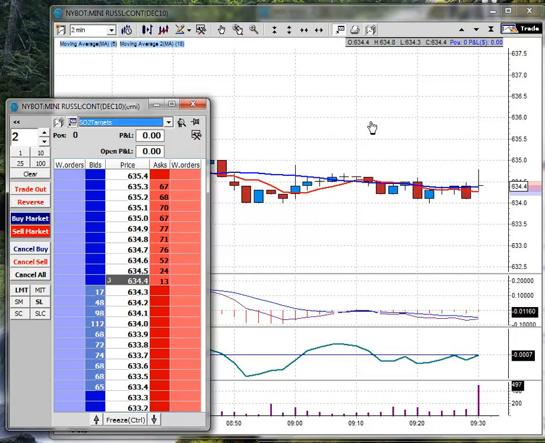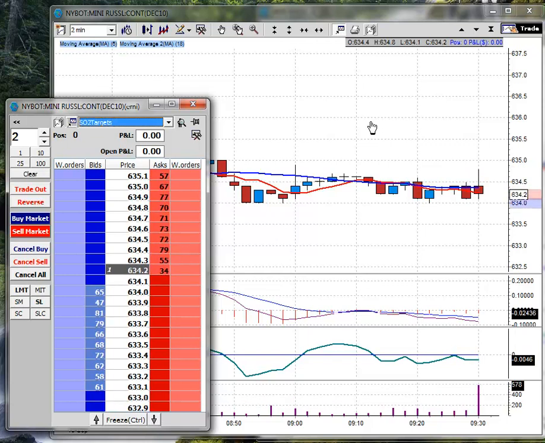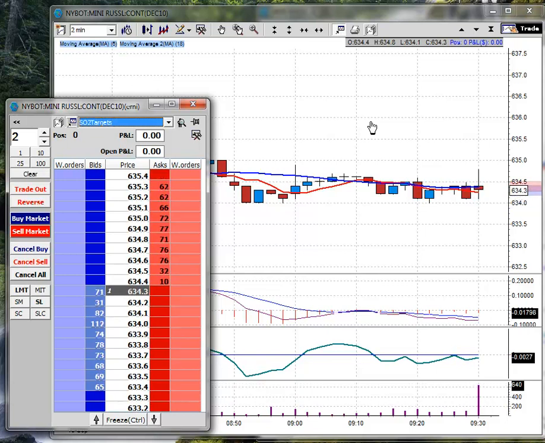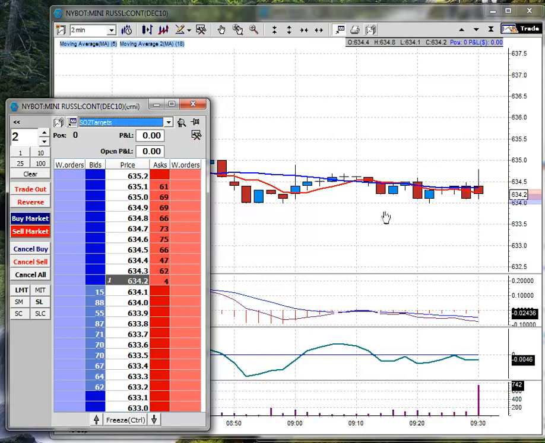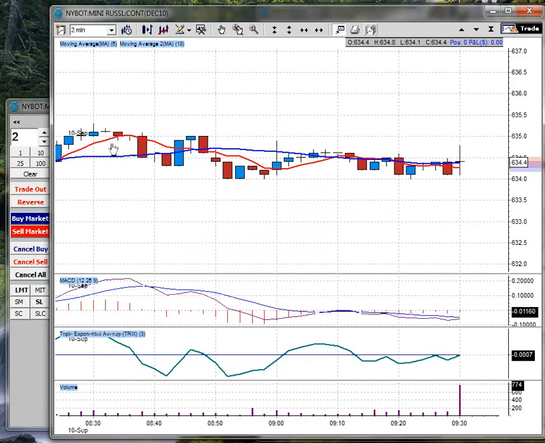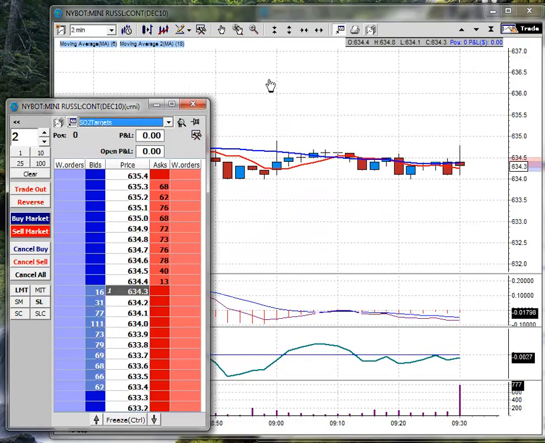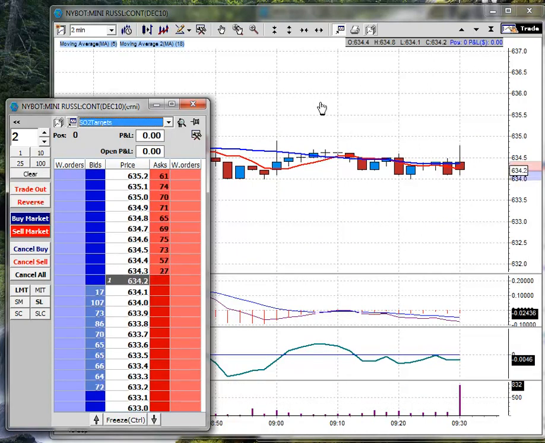So go ahead and watch the market and see if we have any setups. Looks like it's opening now, 9:30, opening bell. Our MACD is in a short position here on the 2-minute chart.